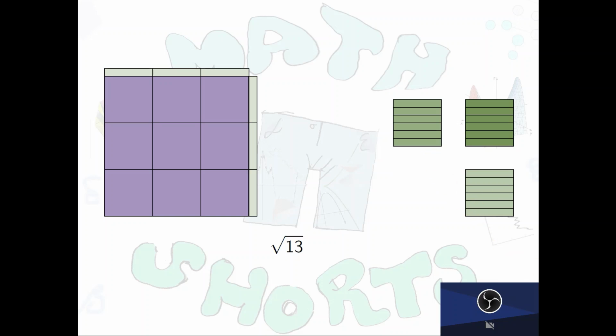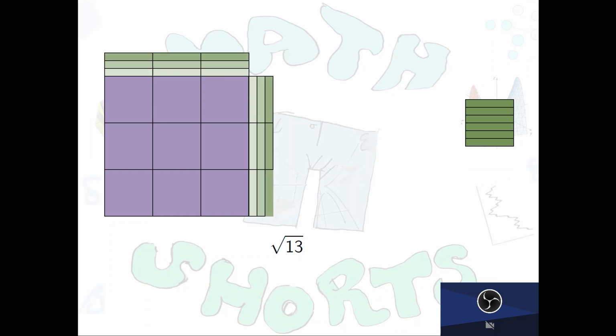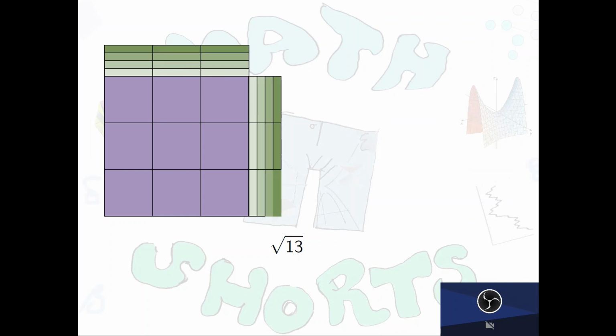Do the same thing with the next block, and the next block, and the next block. And we'll see that if I've got 3, and each of these are 1/6 in width, so I've got 3 and 4/6, I don't quite have enough to make a square that big. So the square root of 13 is less than 3 and 4/6, which is 3 2/3.